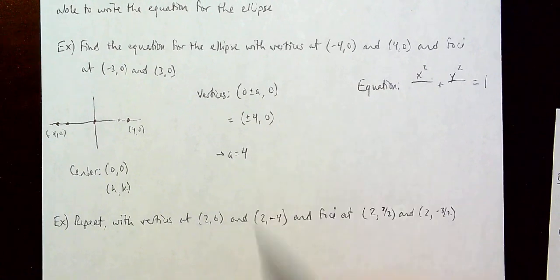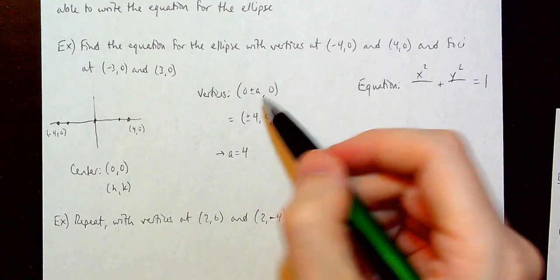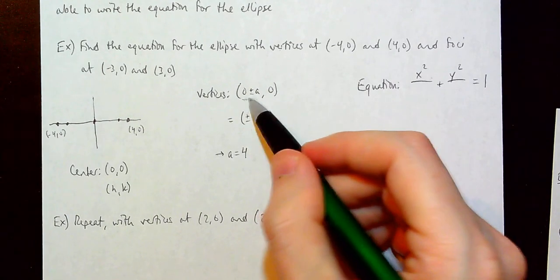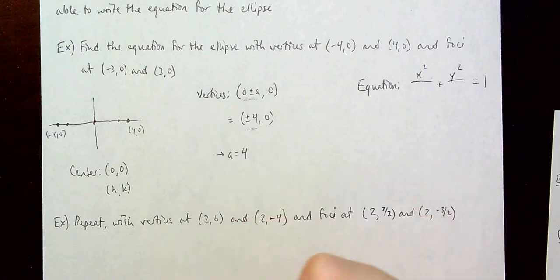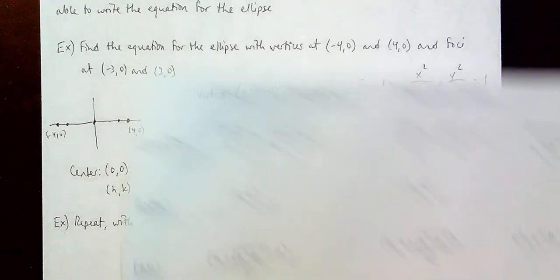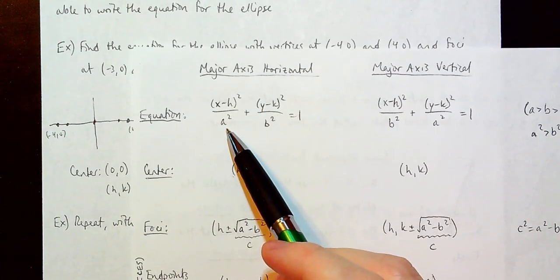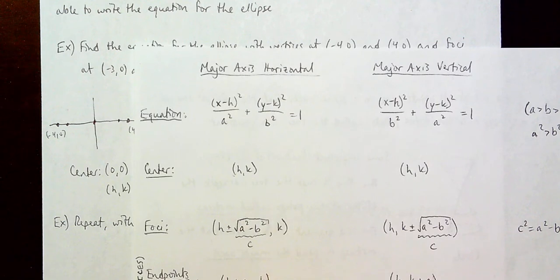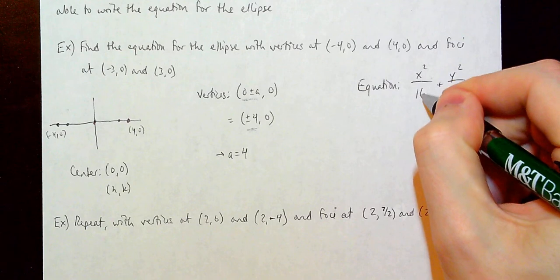That's the only way that these two things can be equal, if the first coordinates listed are the same, and then comparing plus or minus a to plus or minus 4, a has to be 4. So I can take that a value, square it, and put it underneath the x term in the equation for my ellipse. So 4 squared is 16.